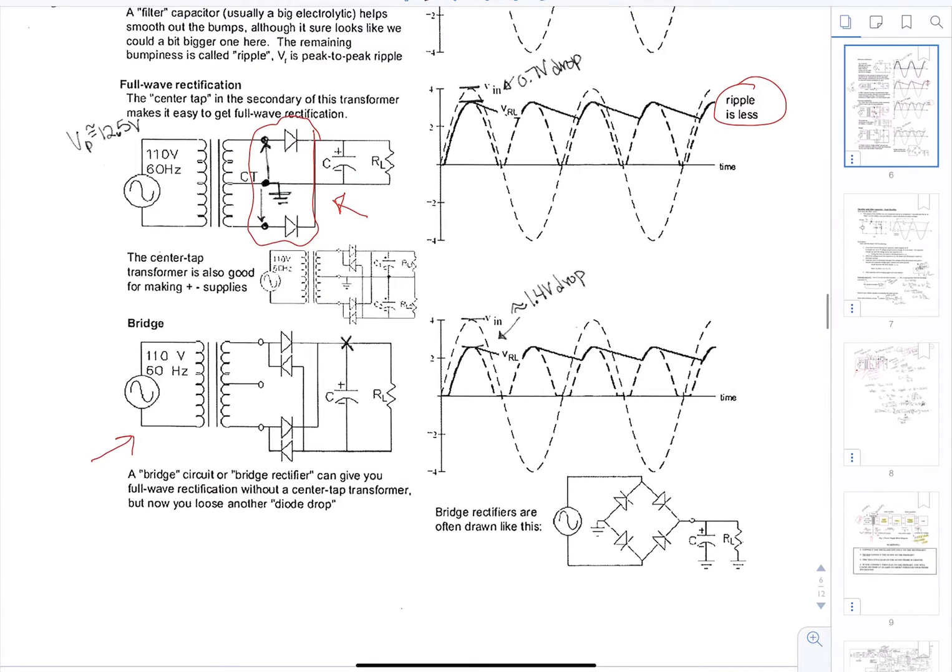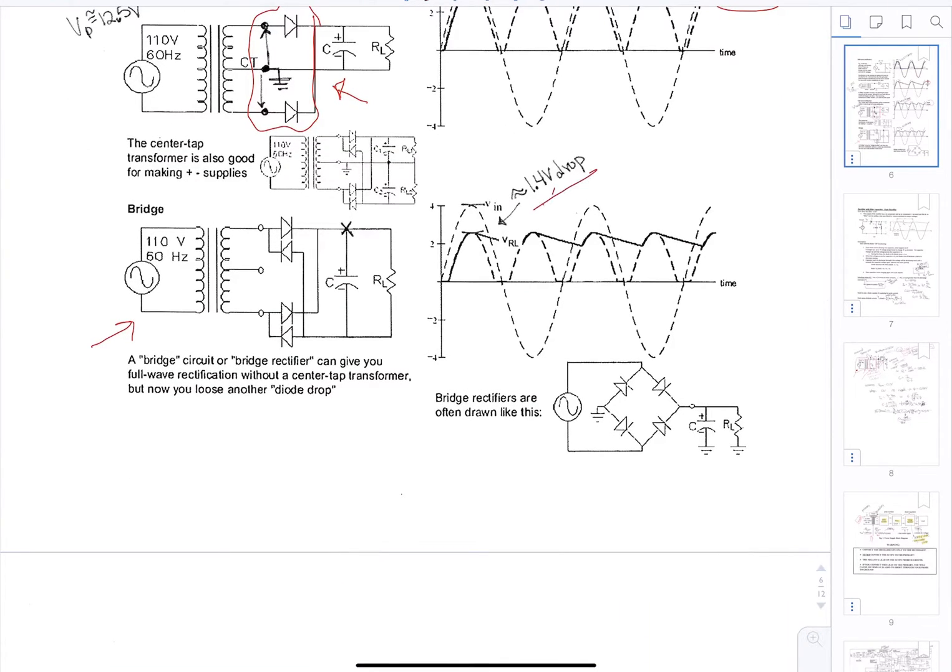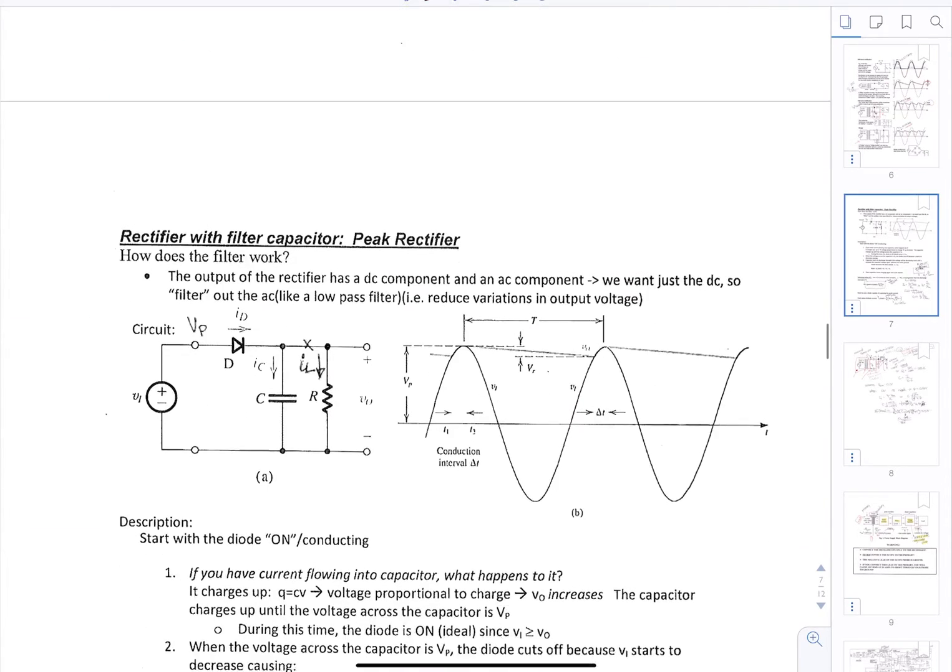And the difference between a full wave rectifier is that you have a 0.7 volt drop from your original, so you need to make sure you're accounting for all these drops so that you have enough voltage to supply either the Zener or the linear regulator chip. And you get 1.4 volt drop from the original for the bridge rectifier.